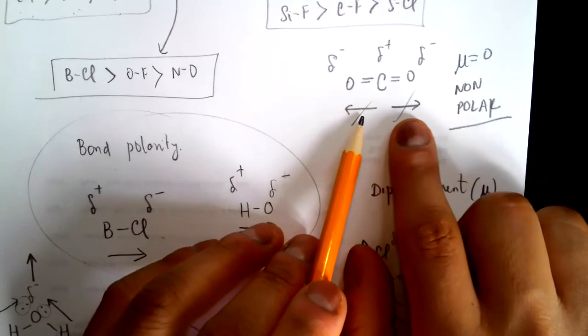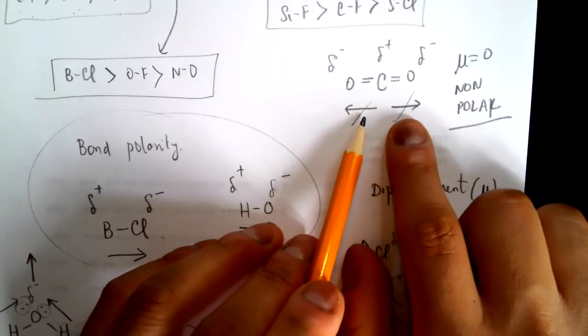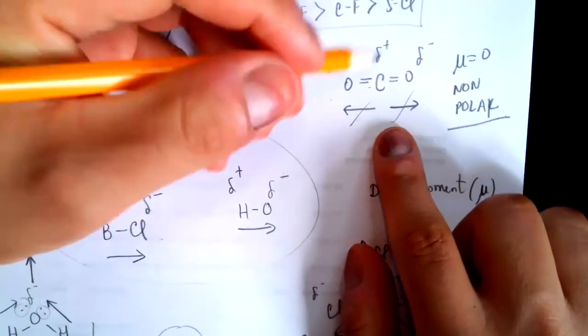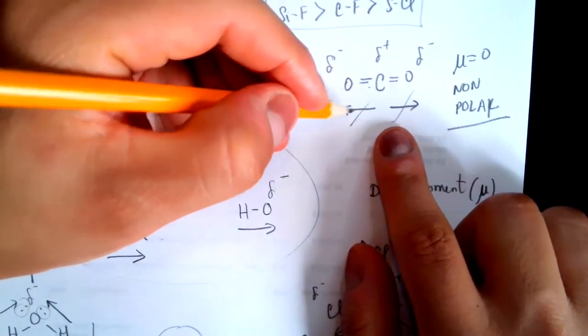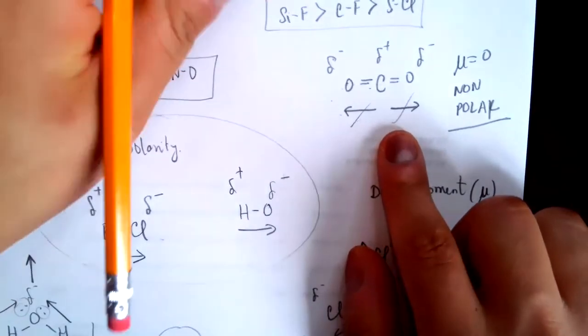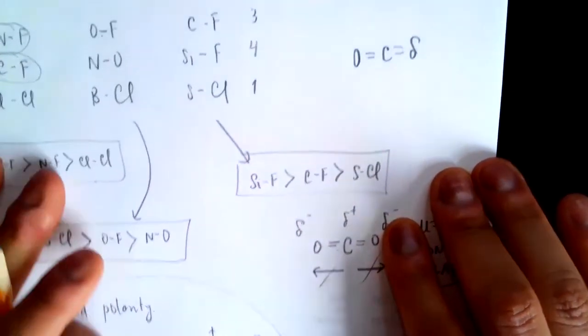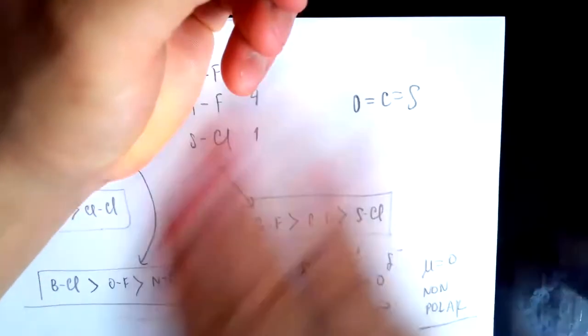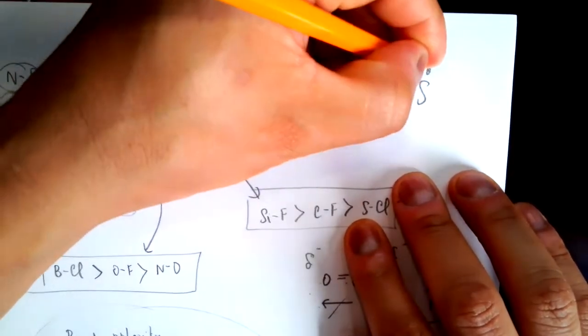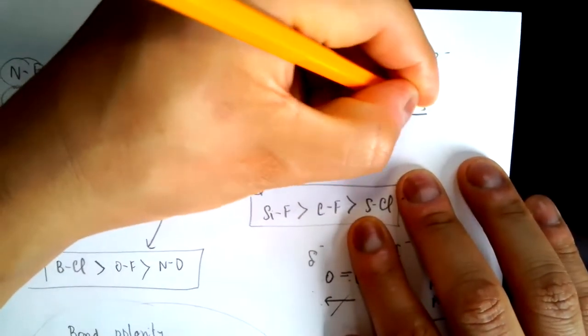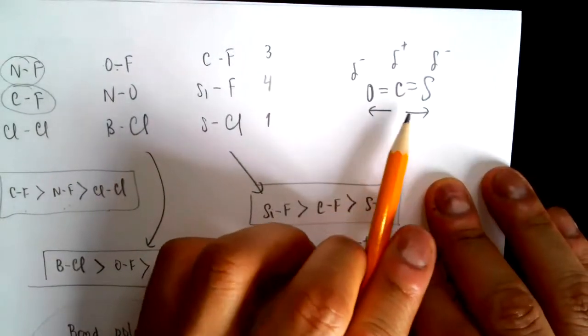Can I cancel out anything that is opposite? Yes, you can cancel out anything that is opposite only if it's the same. For example, C=O cancels out with another C=O. What happens if I have C=O and C=S, carbon with sulfur? Yes, I also have delta minus, delta minus, delta plus. This vector this way, this vector this way. Can I cancel this out?